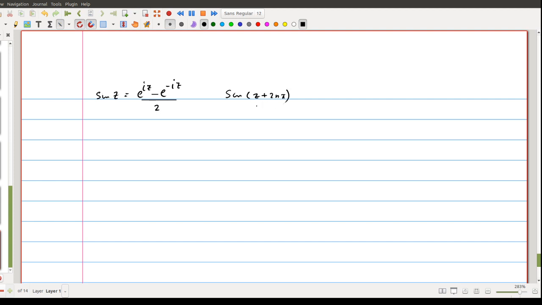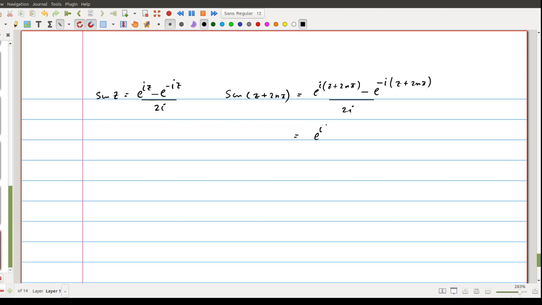So if we replace this, then that will be e power i times z plus 2n pi, minus e to the power minus i times z plus 2n pi, whole divided by 2i. Then you can say that this is e power iz times e power i 2n pi, that is again 1.